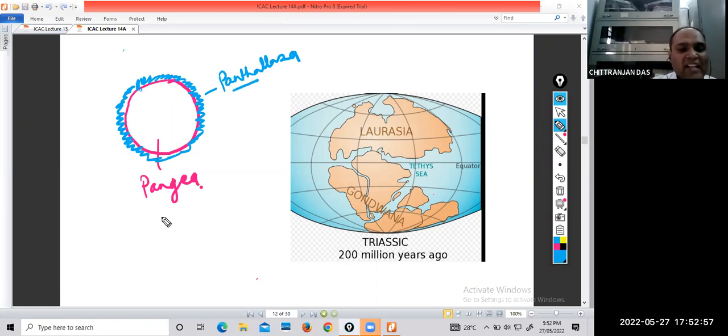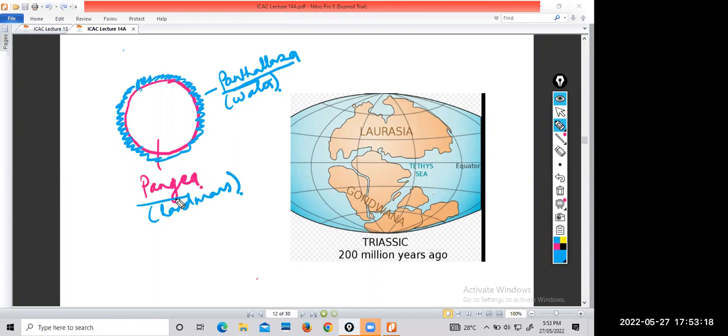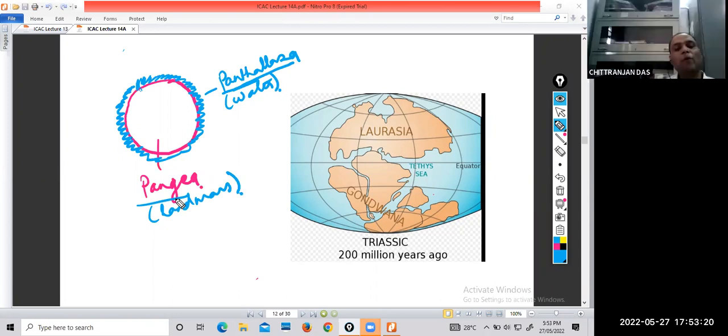So Pangaea was surrounded by Panthalassa, that was water, and Pangaea was landmass. Is it clear? One thing, it is clear to everyone? Yes, sir. ठीक है, तो इसको पैंजिया को हम क्या कहते हैं? सुपर कॉन्टिनेंट कहते हैं, सुपर कॉन्टिनेंट.